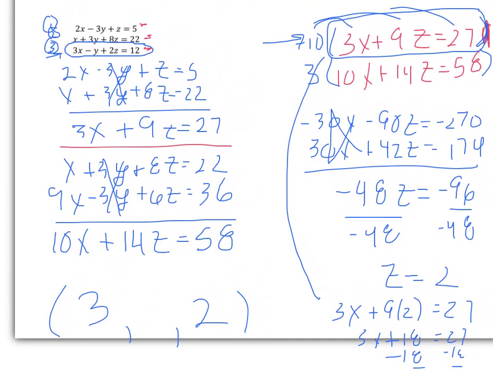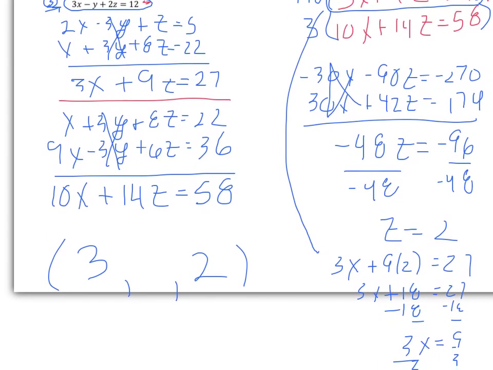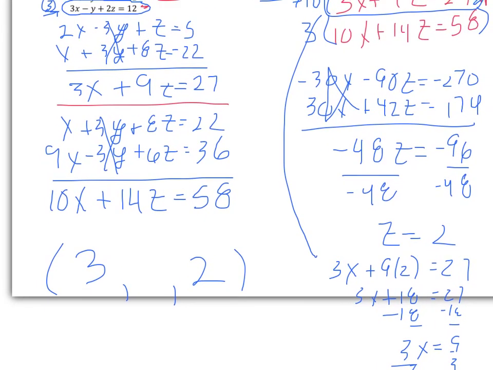The last thing we need to do is get the y, and we need to go back to these original equations right here to get the y. Now I'm going to use the third one. It doesn't really matter which one you use, so I'm going to plug these values into that third one. So we have 3 times our x, which is 3, minus y, which is what we're trying to solve for, plus 2 times our z, which is 2, and this is going to equal 12.